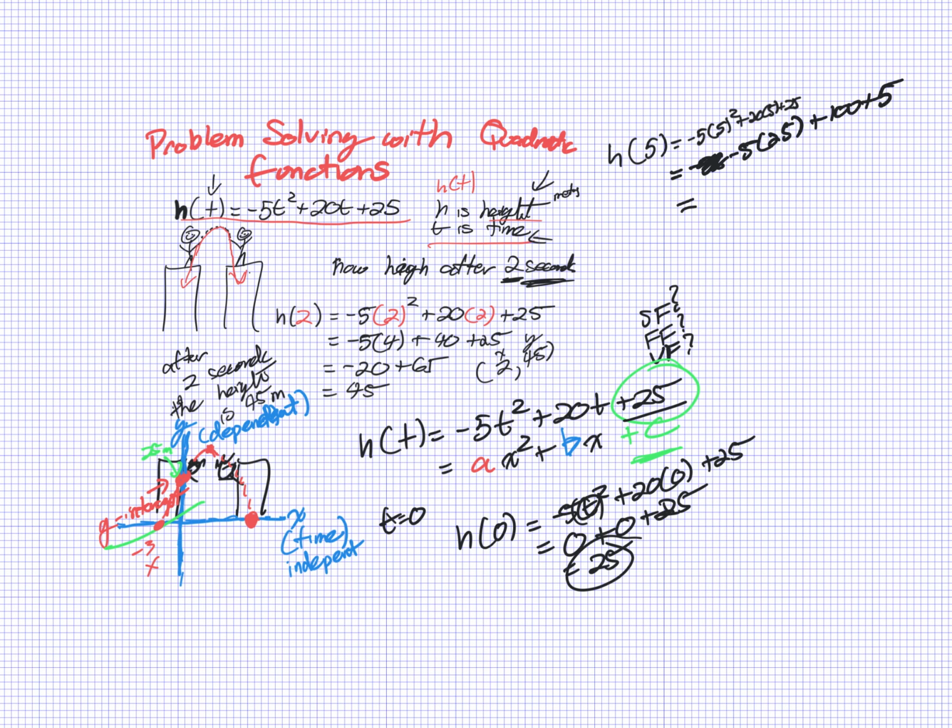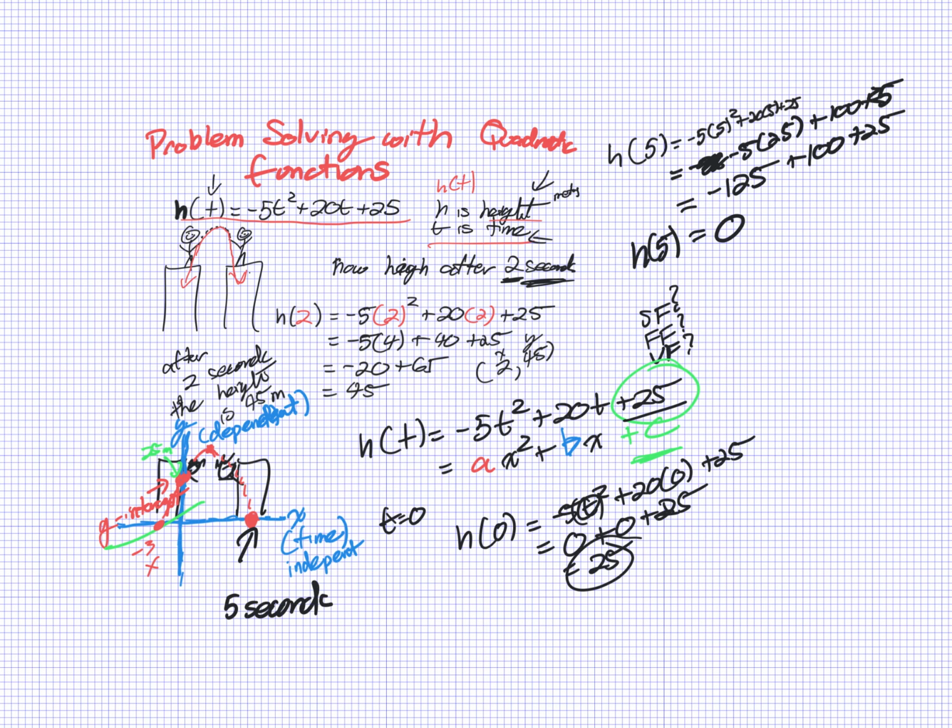Ooh, I think I got it. Negative 5 times 25 is negative 125 plus 100 plus 25. That gives us 0. So our height is 0 meters at 5. I did a pretty good educated guess in this case. It so happens that it would hit the ground after 5 seconds.